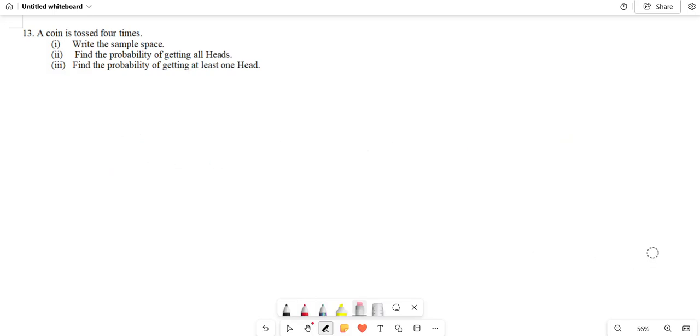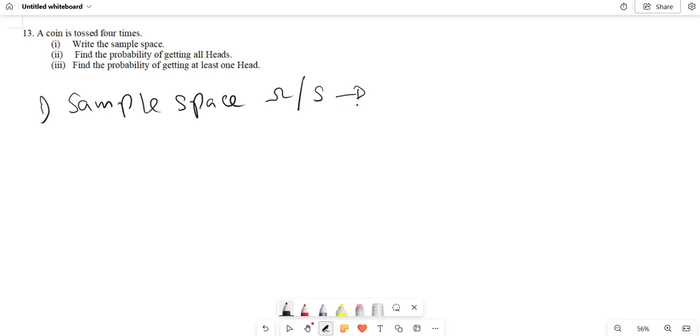First of all, we'll understand the things. The first part is asking about the sample space. What do we mean by the sample space? Normally it is denoted by omega or S. We will use either omega or S to represent the sample space.